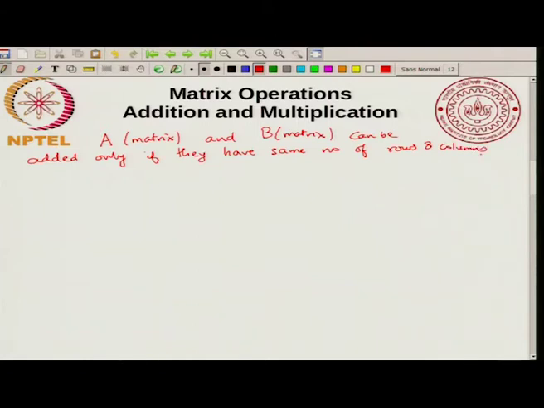So, if you want to add two matrices, they should have the same dimensions. If A plus B is C, then I can write that a i j plus b i j equals c i j. This is the rule for matrix addition.